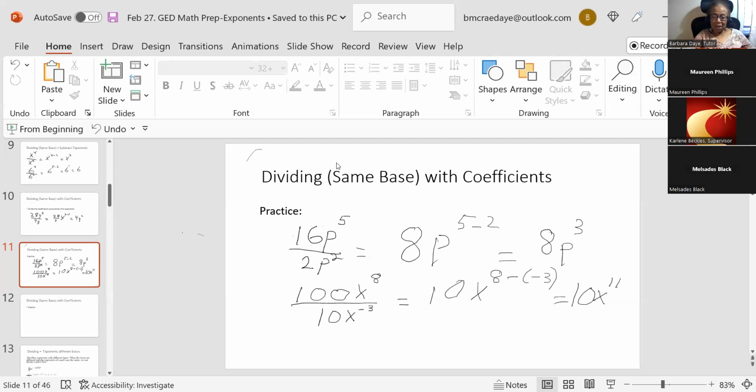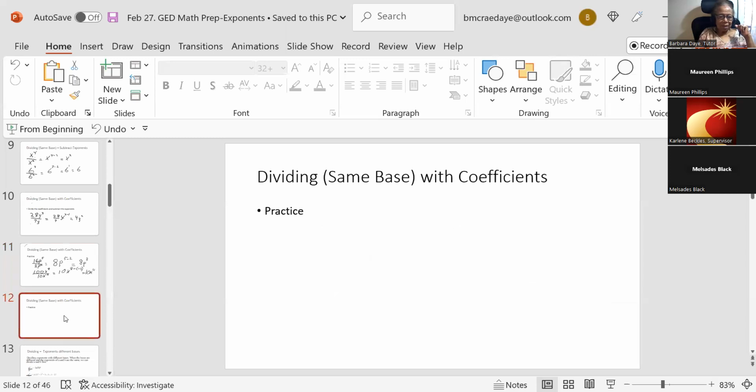Remember, you have a minus for the subtraction, that's the rule for dividing. You subtract the powers. So you have this minus for the subtraction, and this minus for the sign on the power. So minus minus is plus. 8 plus 3 is 11. Got it? Yes, miss. Okay. Watch your signs, because you'll have some that won't always be positive.